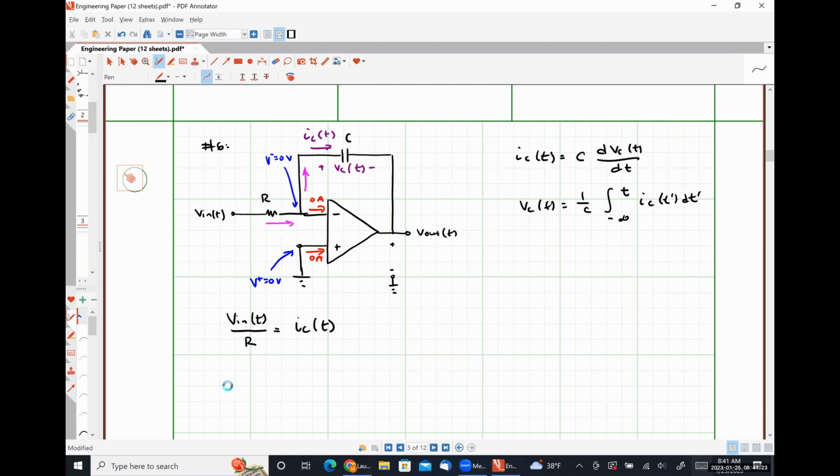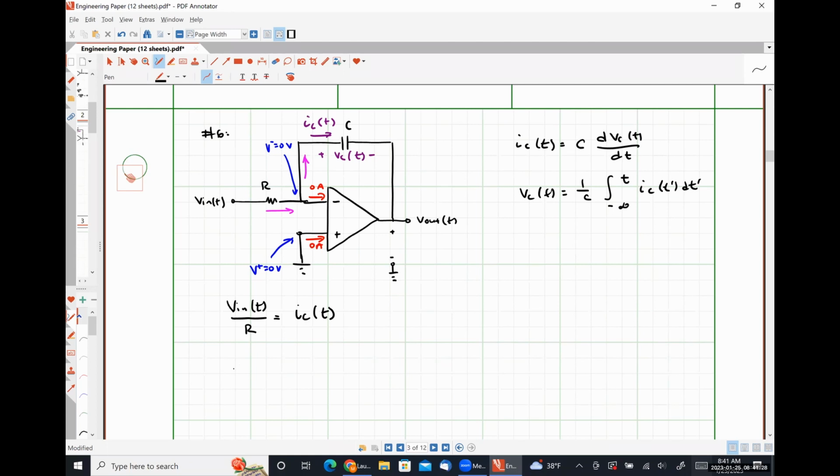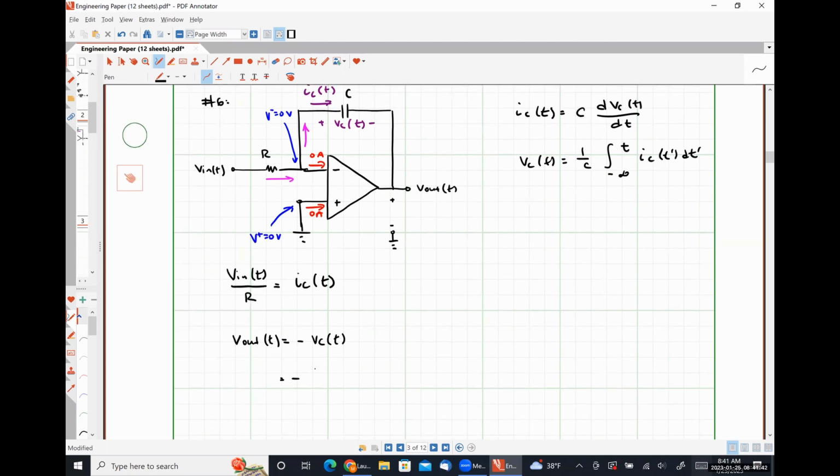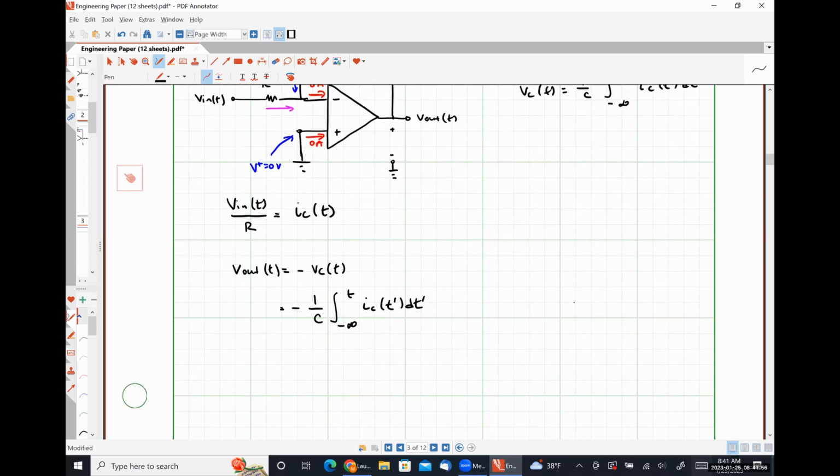So if we can say that V out is equal to negative VC of t, then we're going to have negative 1 over c times the integral from negative infinity to t of I of c t prime dt prime.